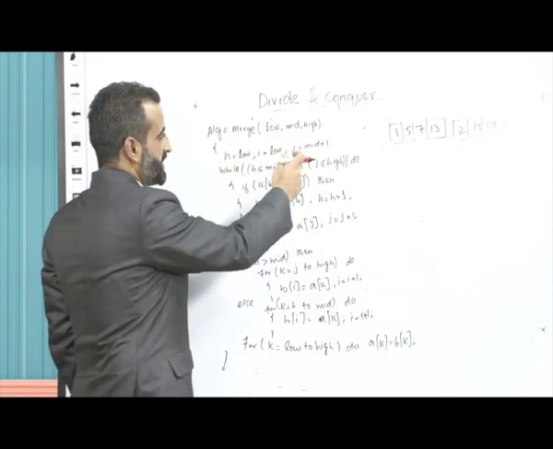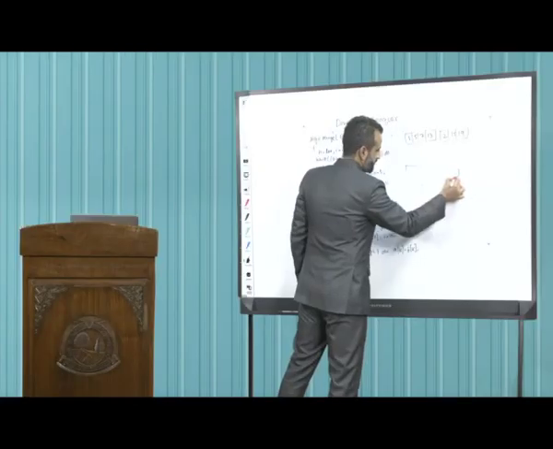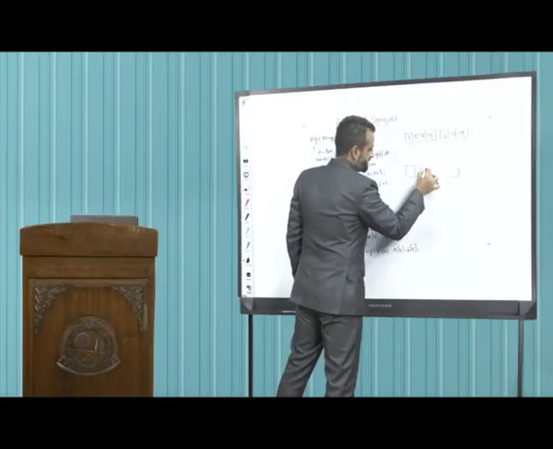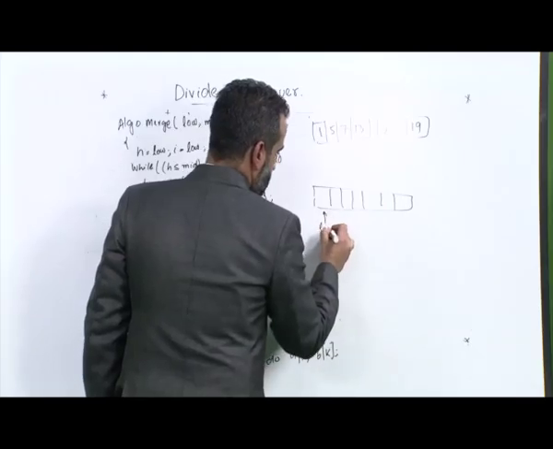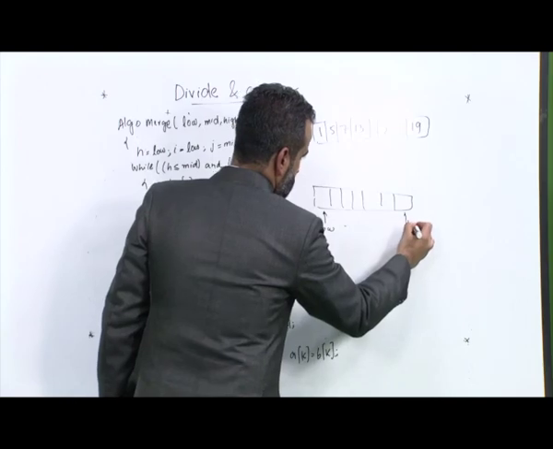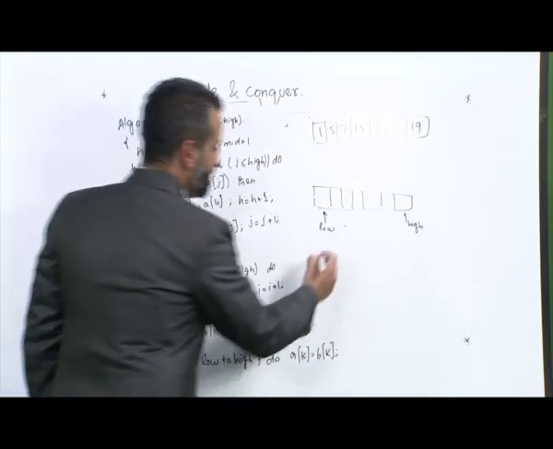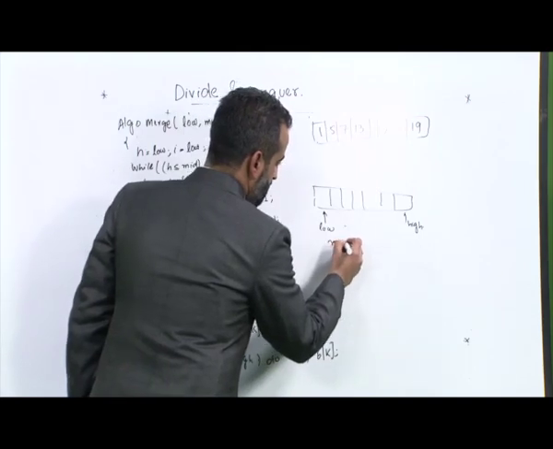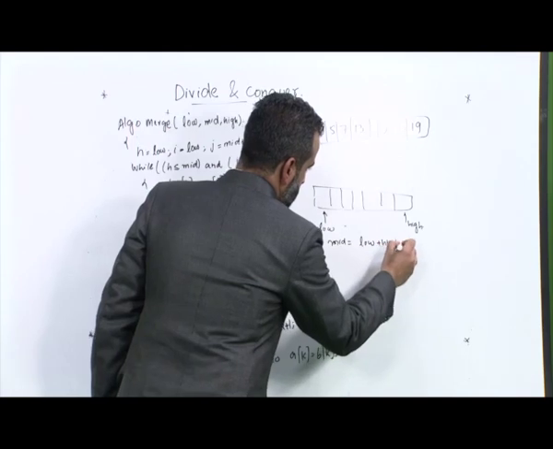So is I, and J starts from mid plus 1. So if this is my array, which was earlier carrying 7 different elements, this was a low and this was the high, and I used to compute mid from this low and high.